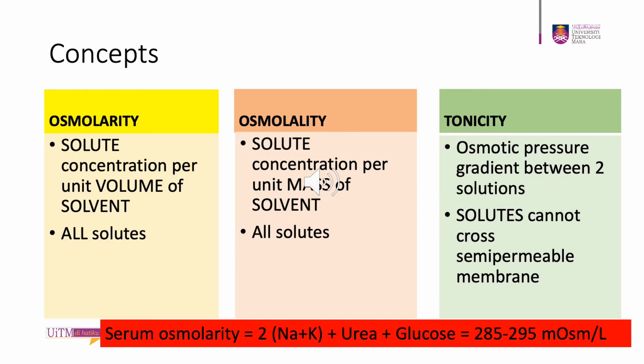But tonicity is when you calculate the same solute with a semi-permeable membrane in between the two compartments. In this case, the endothelium separating the intravascular compartment and the interstitium. Tonicity measures the solutes that can't cross over the endothelium easily and what stays in the intravascular compartment.